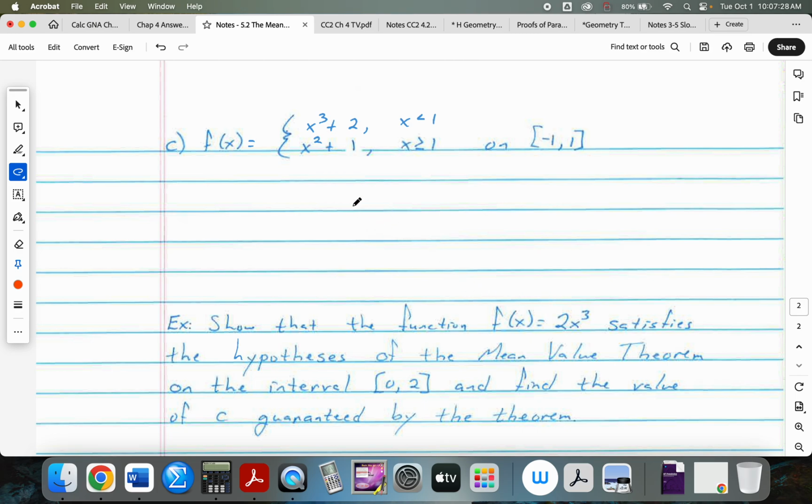Okay, well, let's check for continuity. So the limit as x approaches 1 from the left of f of x is going to be 1 cubed plus 2, which is 3.